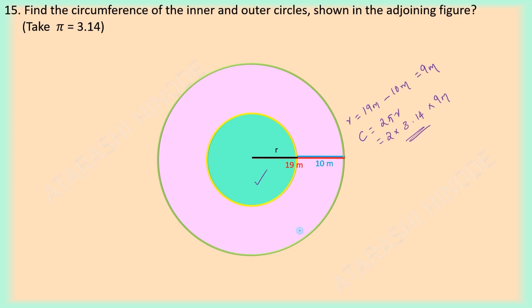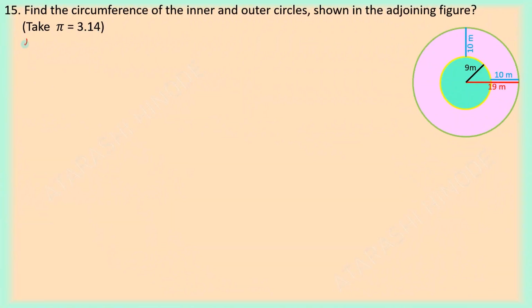Okay, let us do. Radius of the outer circle equal to 19 meters.